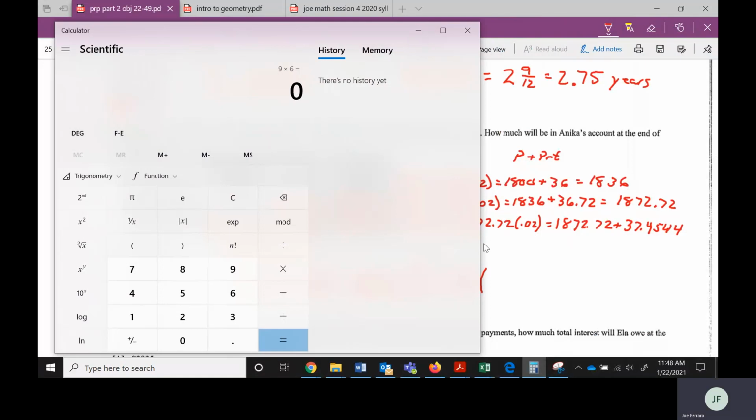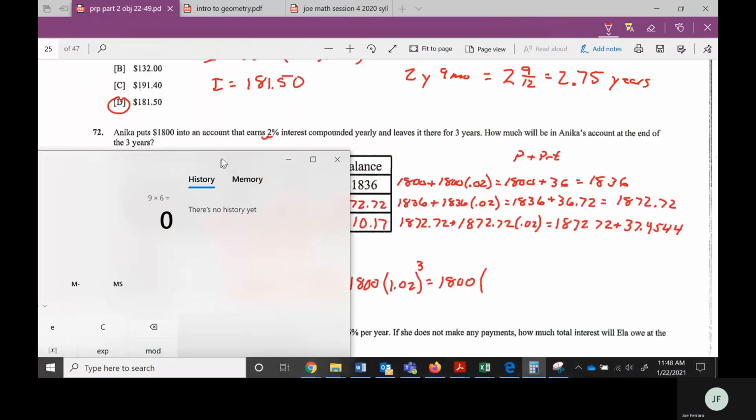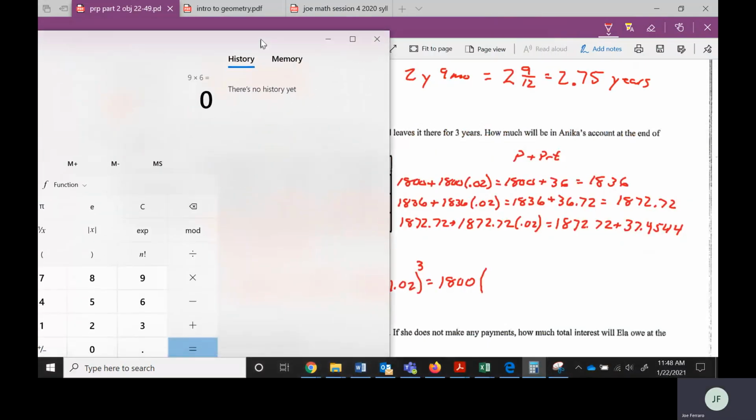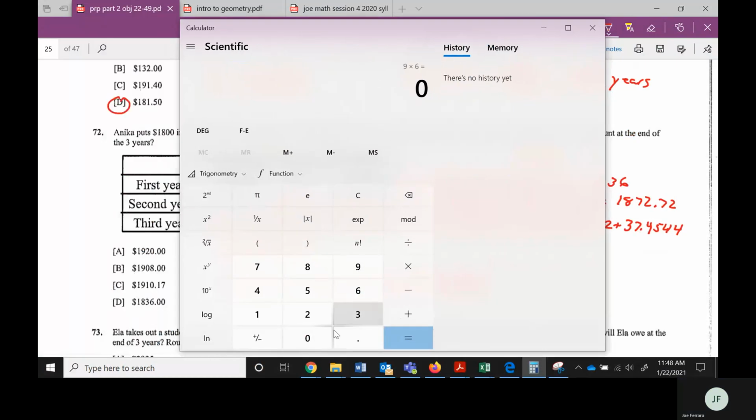The x to the y button means you would type the first number, your x, which is the base. So let me see if we can get 1.02 to the third. We would put 1.02, then you would hit this button. Let me clear that. I didn't clear that.